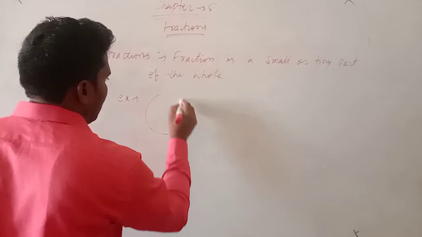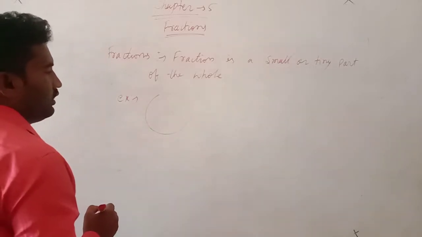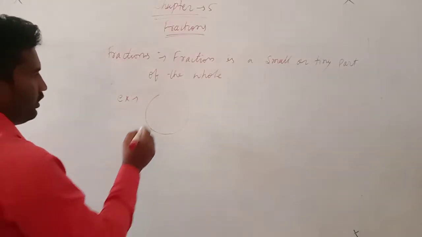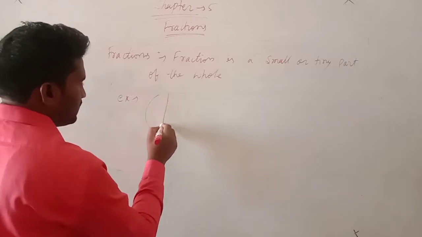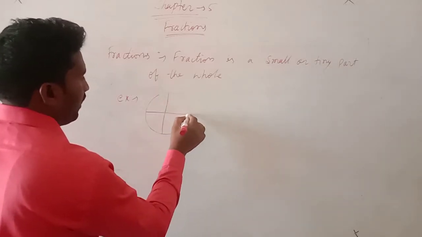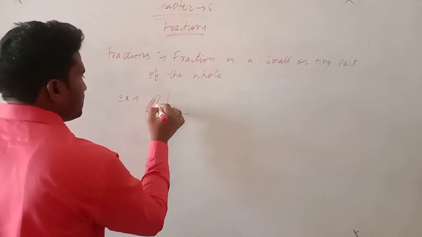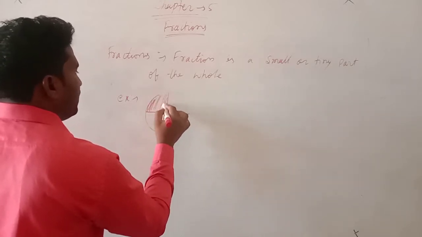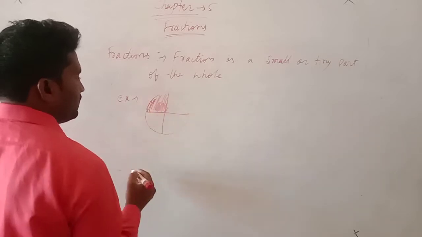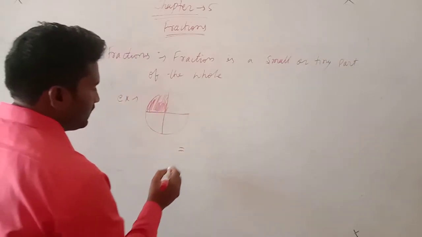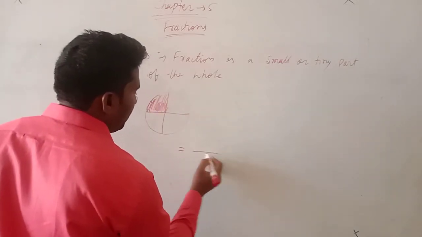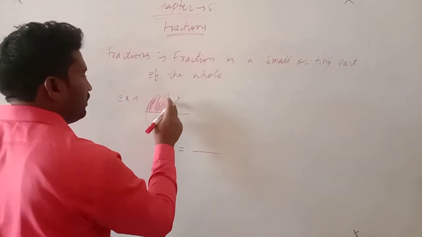It is a whole. So a circle is a whole. When I am dividing this circle into four parts and taking only one small part, this one, how do we write it as a fraction? How many parts are there in the whole? 1, 2, 3, 4.